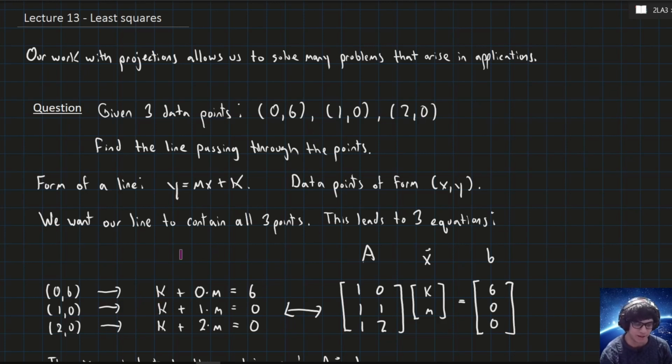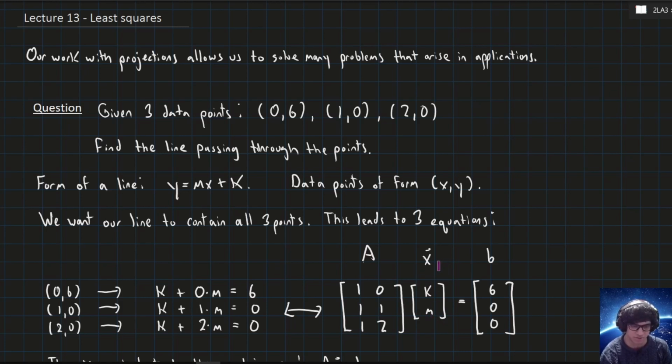Now this is looking like something linear algebra can solve, right? This is the same as the matrix equation Ax equals b. Our coefficient matrix will be this, and our variable vector, x.